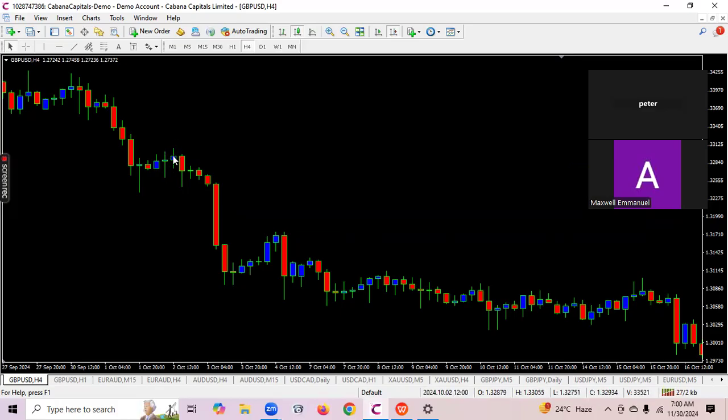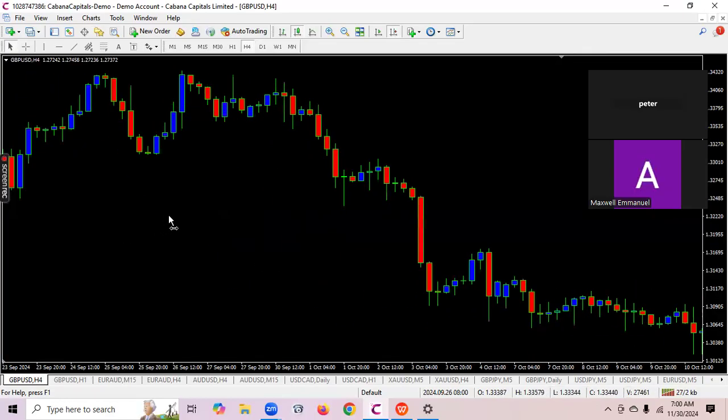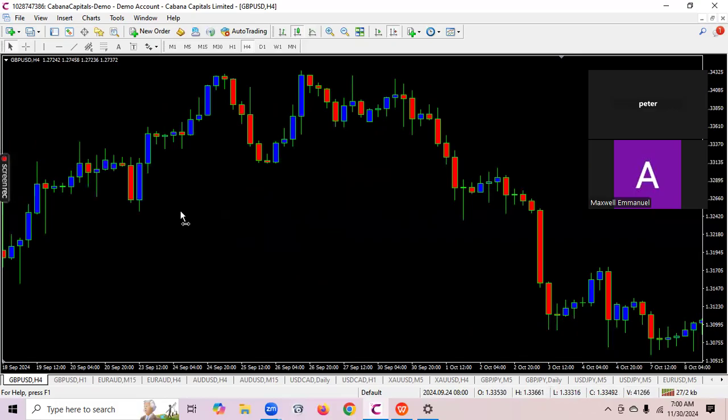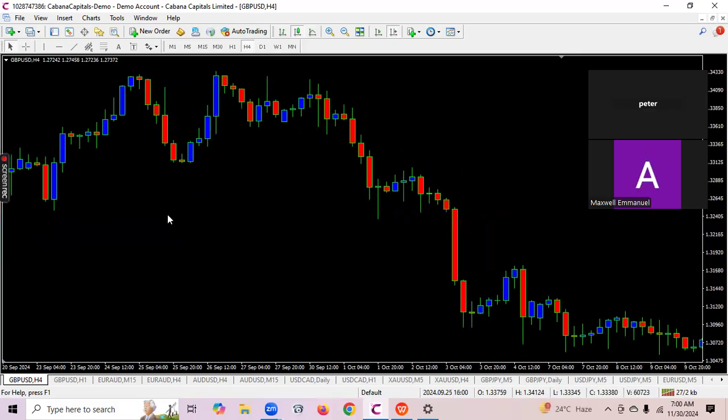So the rule is, since the body is bullish, we wait for the next candle to close bearish before we sell. So that is how you trade using a spinning top. Okay, so this is also a spinning top. Wait for this next candle to close bearish, then you take your sell trade. I hope that is clear.